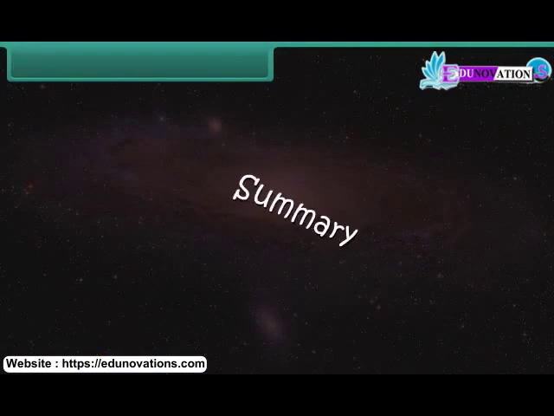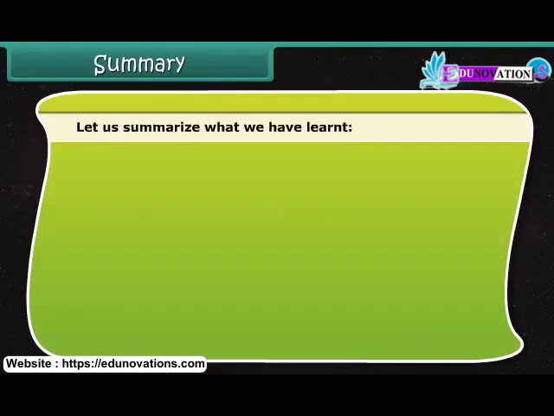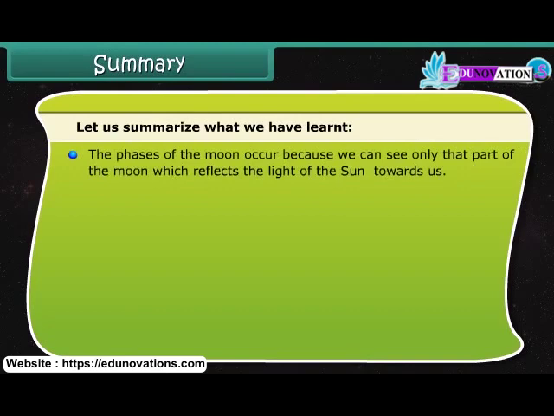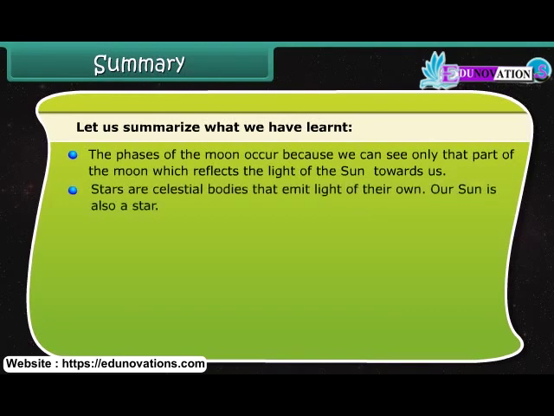Summary. Let us summarize what we have learned. The phases of the Moon occur because we can see only that part of the Moon which reflects the light of the Sun towards us. Stars are celestial bodies that emit light of their own. Our Sun is also a star. It is convenient to express distances of stars in light years.